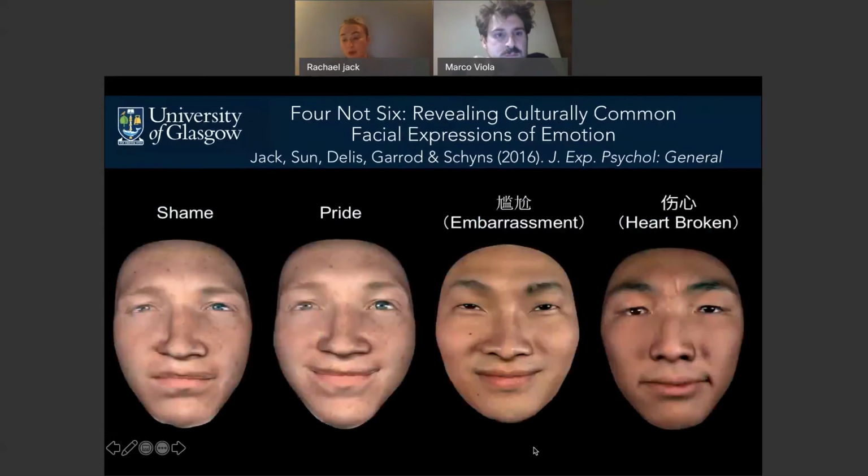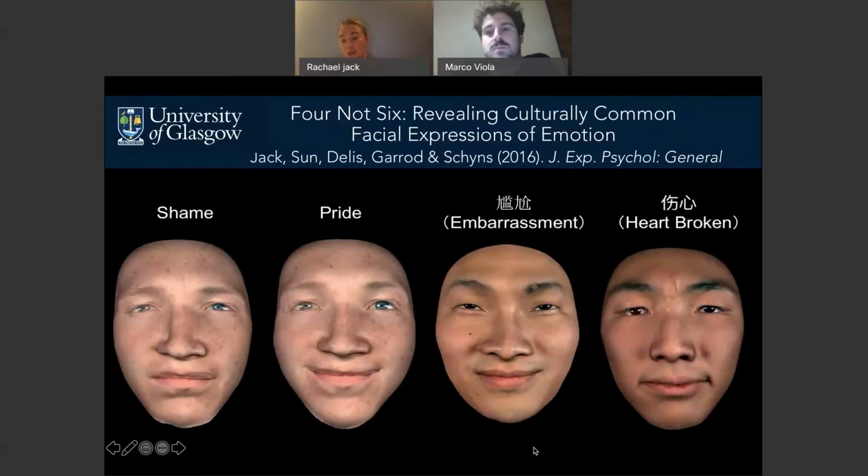Another outcome of a study like this, when we modeled so many different nuanced facial expressions, is a demonstration of the sensitivity and precision of the method that we used, such that it can accurately model facial expressions of very precise or nuanced emotions such as shame, pride, embarrassment, heartbroken, and so on.